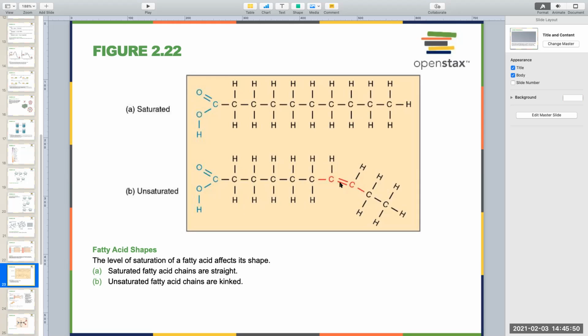They have this carbon-carbon double bond, which causes a kink in it and allows for flexibility. We like that. And it is liquid at room temperature. We like that because it allows for movement and it's less likely to cause atherosclerosis.